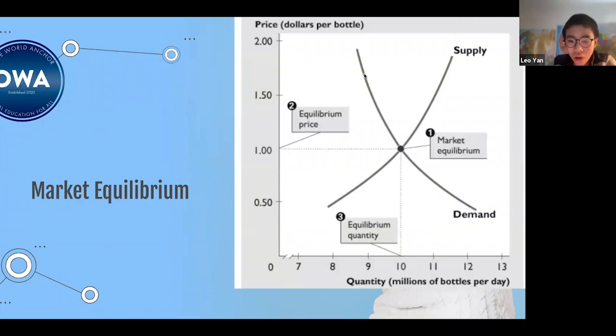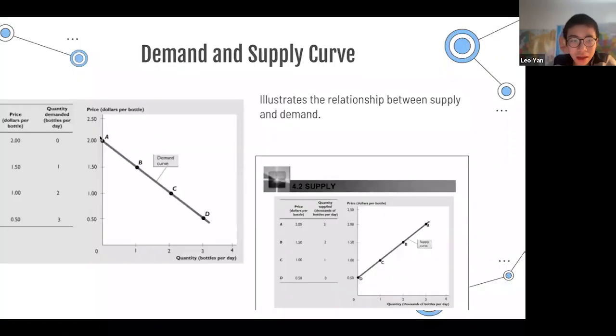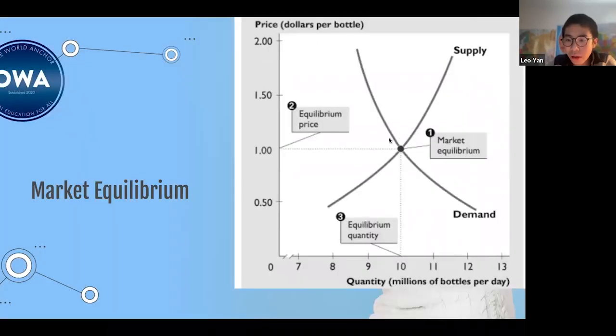This is the key reason why we want to put these two curves, supply and demand, on the same graph. It's so that we can figure out what the market equilibrium point is and how much of something we should supply. For example, in this case, right here is the quantity, which is the millions of bottles per day.